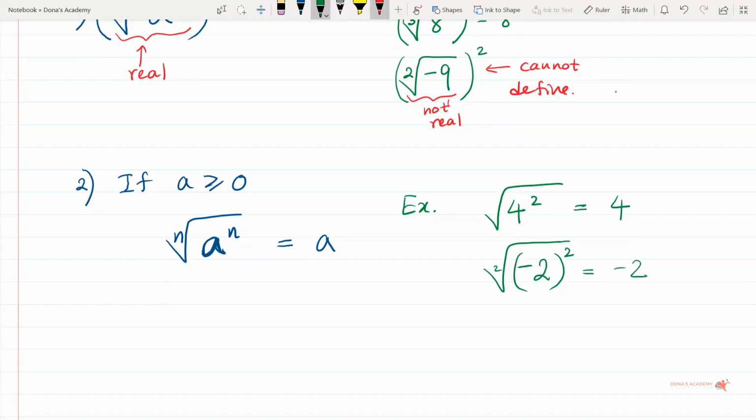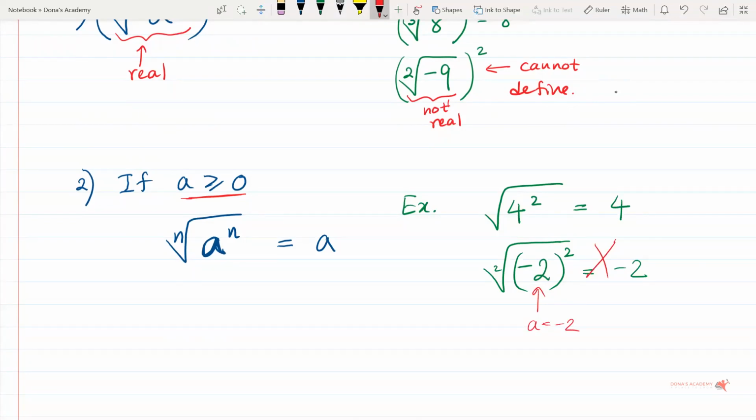No, not at all, right? Not at all, because this case is only for a positive or 0. However, here a is -2, it is a negative number. So we can't use this property and we can't define it in this way.